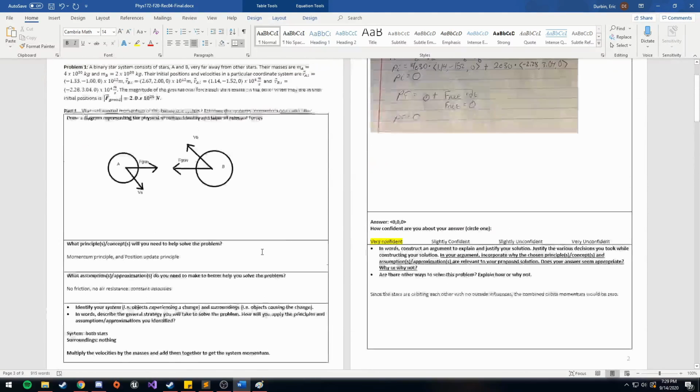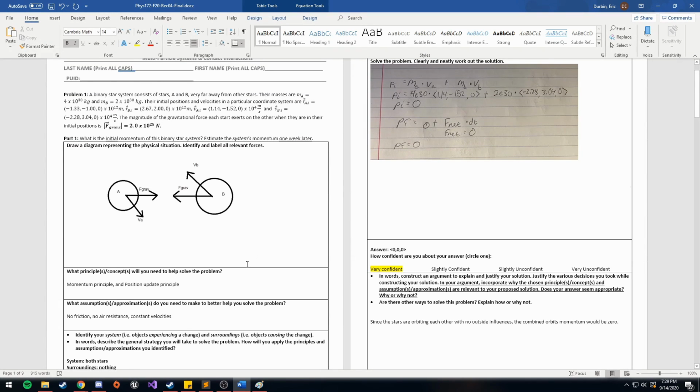Wait, do we want it oriented in the x direction? Well, that's what we have it as right now. It's not a big deal which direction it's oriented in, right? I think it is. They give us the positions, and the force of gravity is specifically towards the other planet.